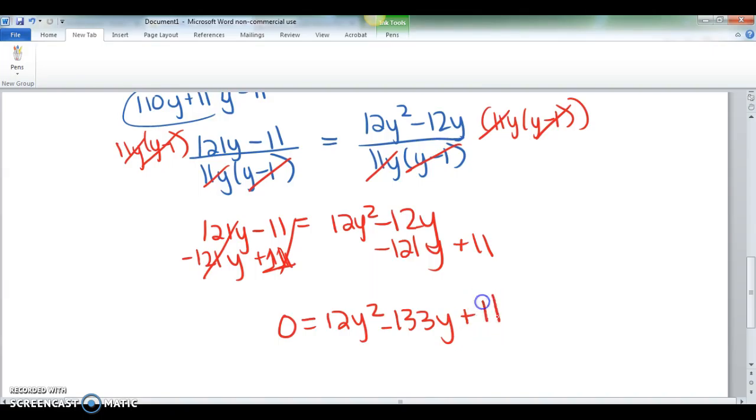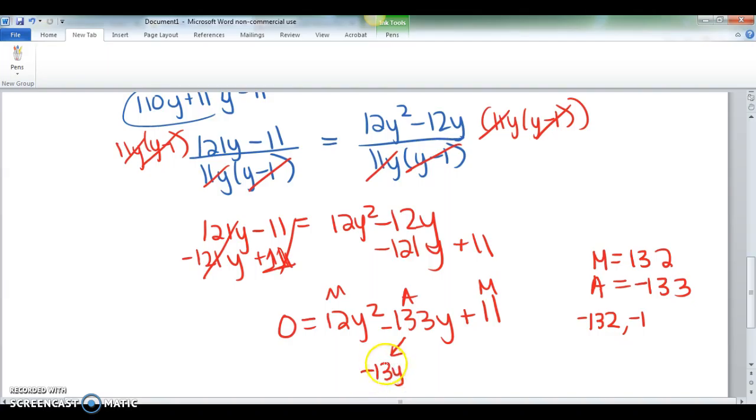plus 11. So now to factor this, 12 times 11 gives us 132. We need to multiply and get 132 and add and get negative 133. So it's going to be 132 and 1: negative 132 times negative 1 is positive 132, and negative 132 minus 1 is negative 133. So we're going to break this up as 12y squared minus 132y minus 1y plus 11.